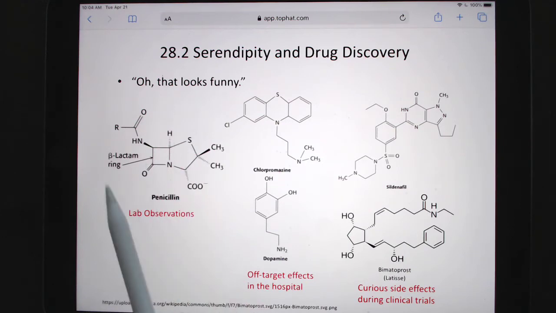Okay, so penicillin is the classic example. Alexander Fleming was a really sloppy microbiologist, and he had left some plates out with some mold on there. He came back on Monday and noticed that there was bacteria growing on the plate, but there was also mold, and there was a clearing ring around it.